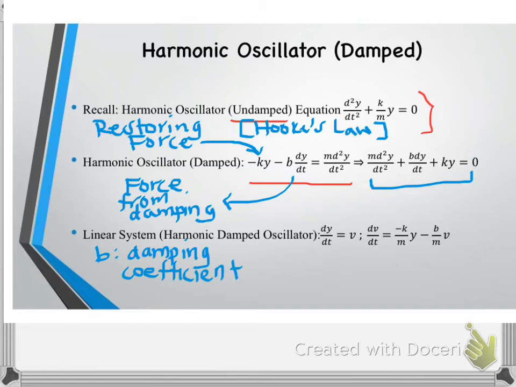And just like with the undamped equation that we did in class, we can also change the damped equation to a linear system, which is given here, where dy over dt equals v, and dv over dt equals negative k over m times y minus b over m times v.